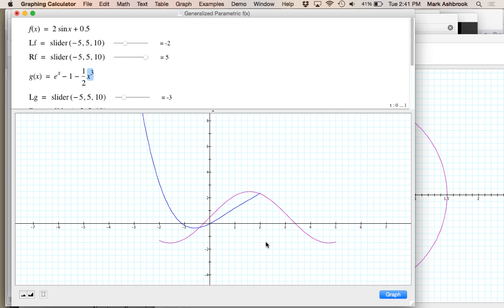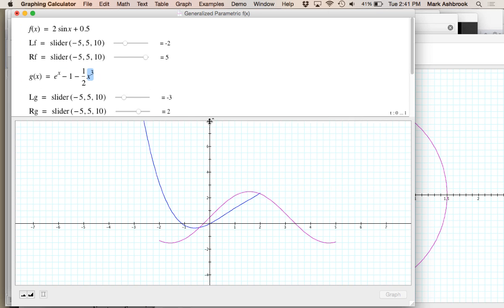Okay, good. And then notice I have these sliders LF, RF, LG, and RG. LF is the left side of the interval I want to show for f, and RF is the right side of the interval I want to show for f.